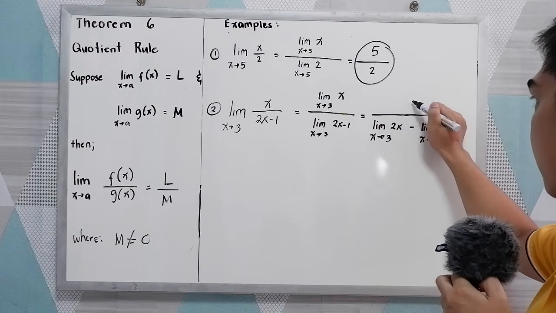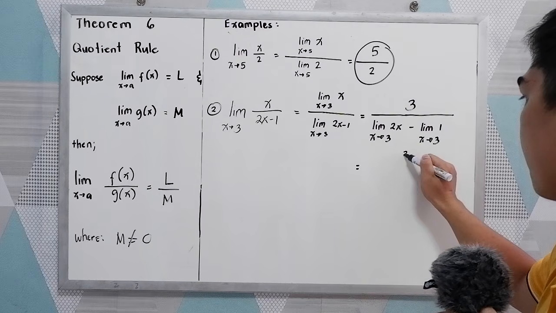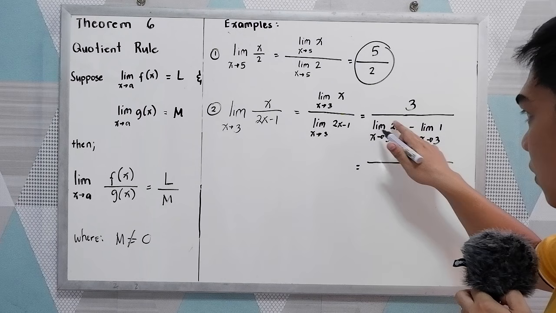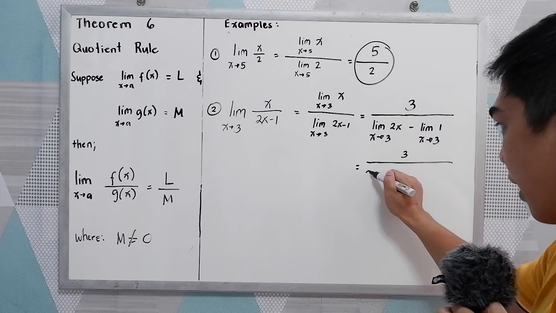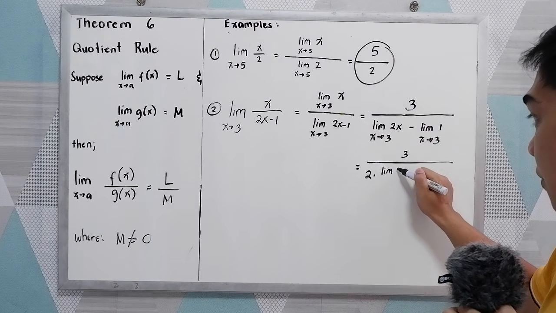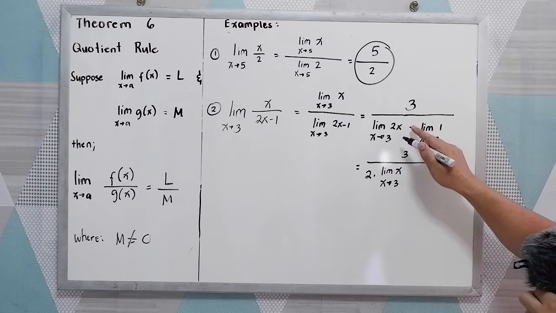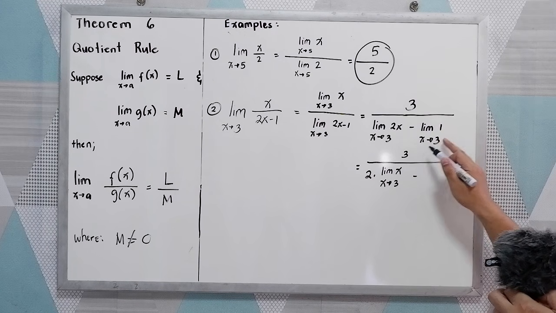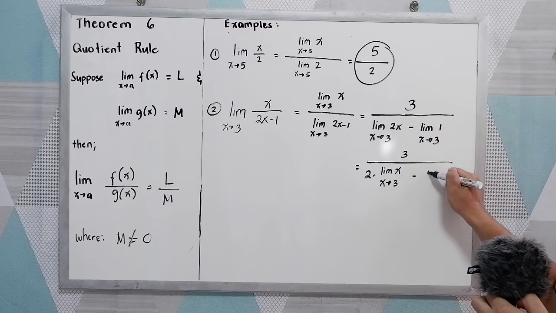Extend your fraction bar. Next, we have 3 over, simplify, constant multiple rule, copy the constant, so we have 2 times the limit of x as x approaches 3 minus, so applying our rule of theorem number 1, we have the constant, which is 1, so that is equal to 1.